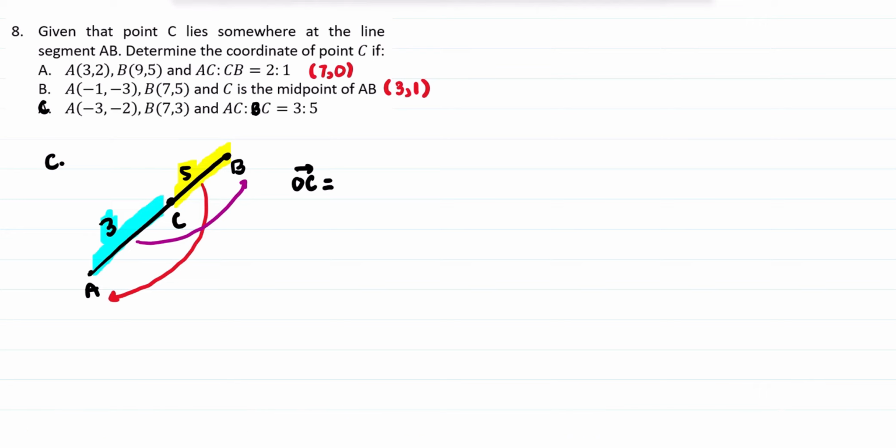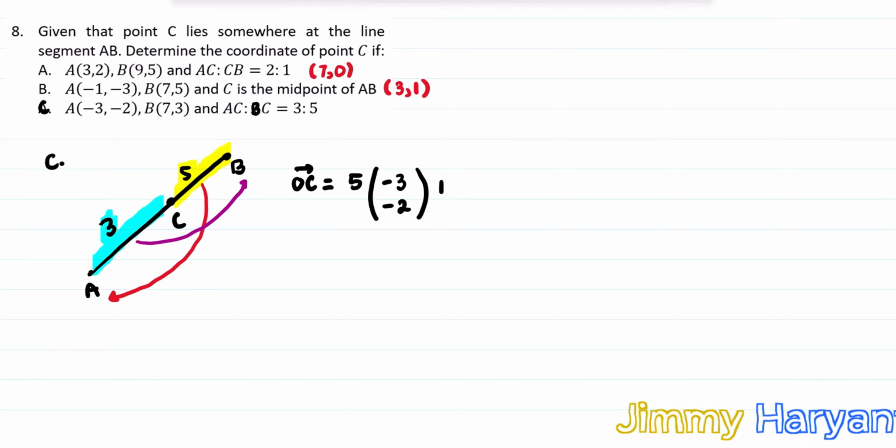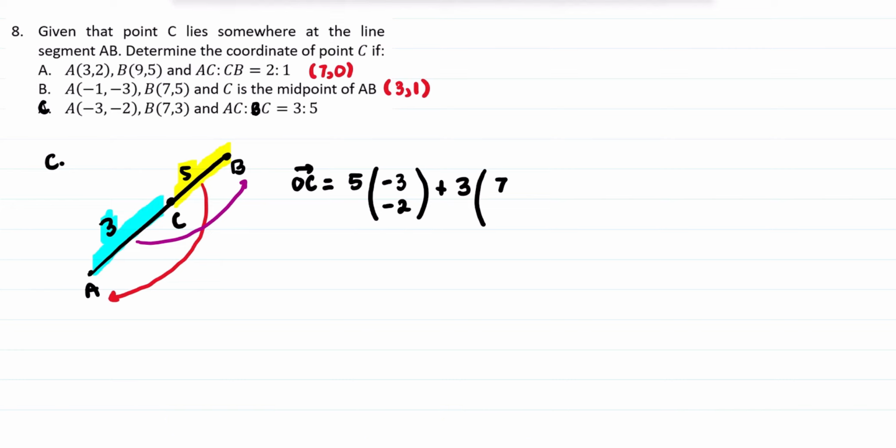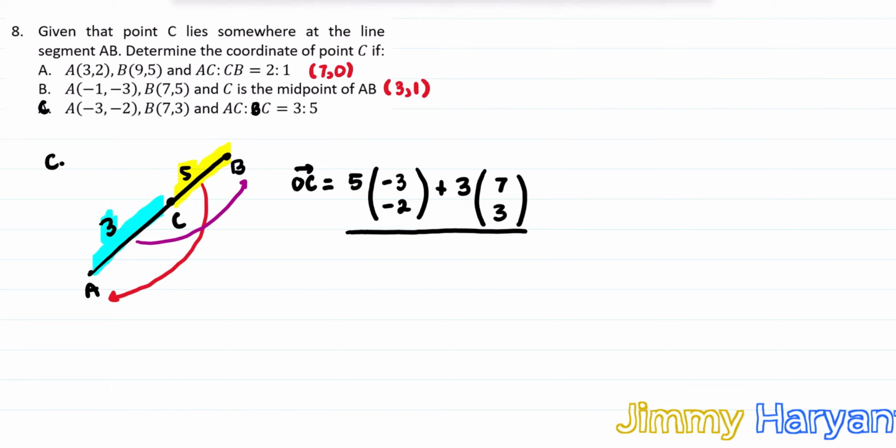Just like cross sides. So 5 times A, which is (-3, -2), plus 3 times B, which is (7, 3), and then divide it by the total of the ratio, so 3 plus 5.